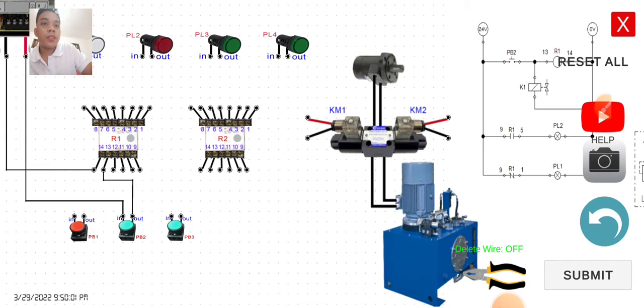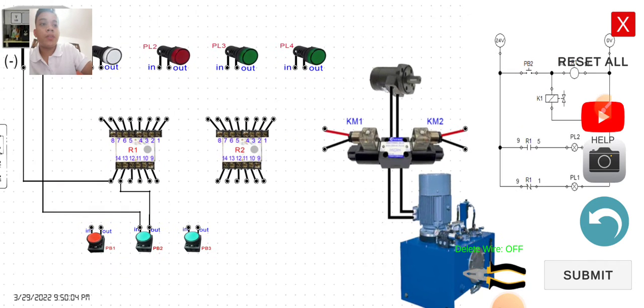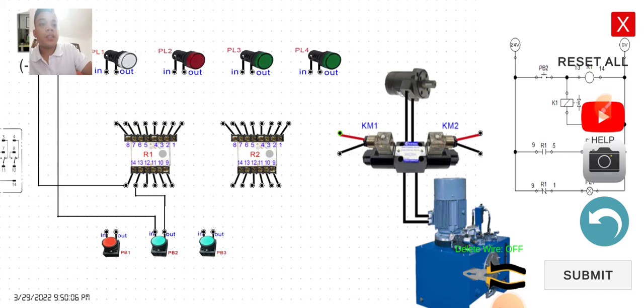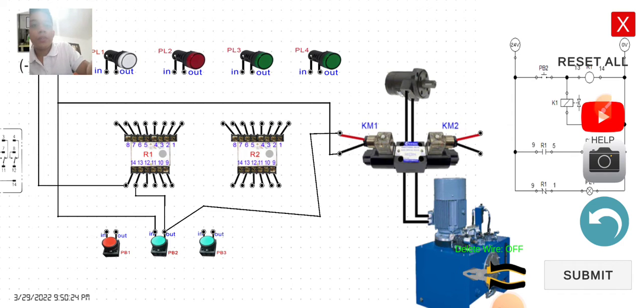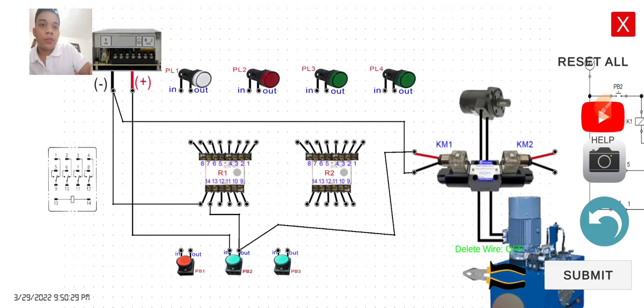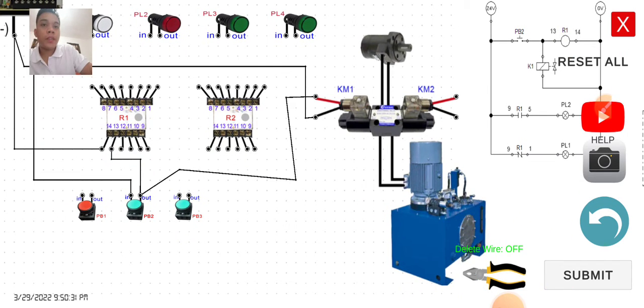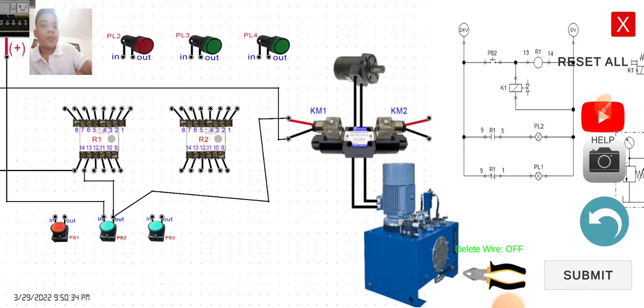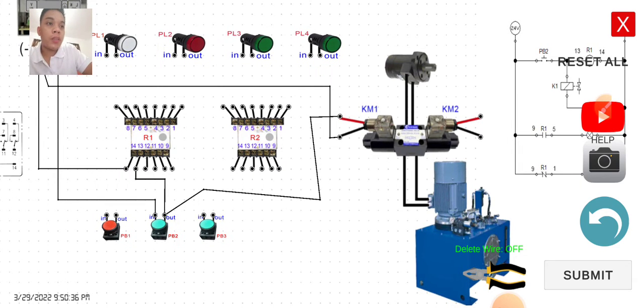We have done the first line, then proceed to the second line, which is the K1. First, the red wire is connected to the output of the PB2, and then the black wire connects to the 0 volts. So connect, and we have done the second line.